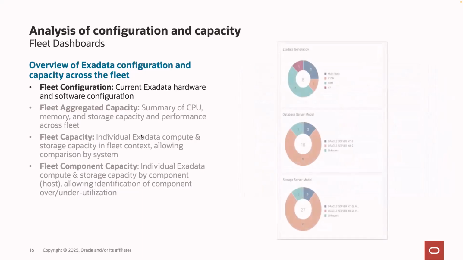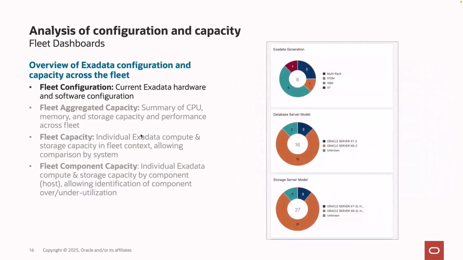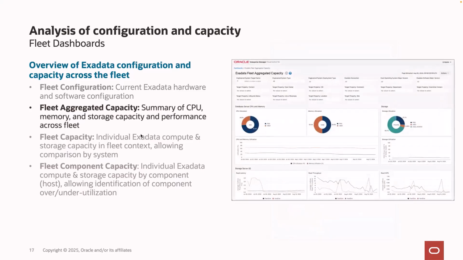So that provides us with quite a lot of details on the machines. And we will see how we can use that and utilize this for different use cases later on in the demo. Then we have Exadata fleet aggregated capacity. So this is how much resources do I have on all my Exadatas in this environment.